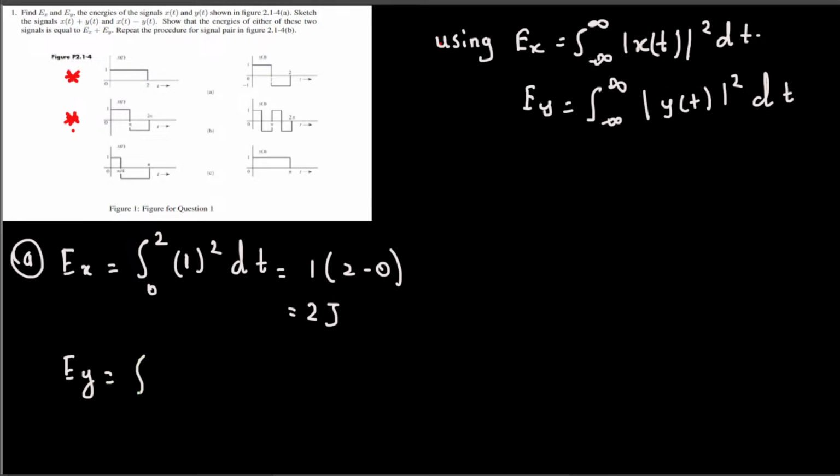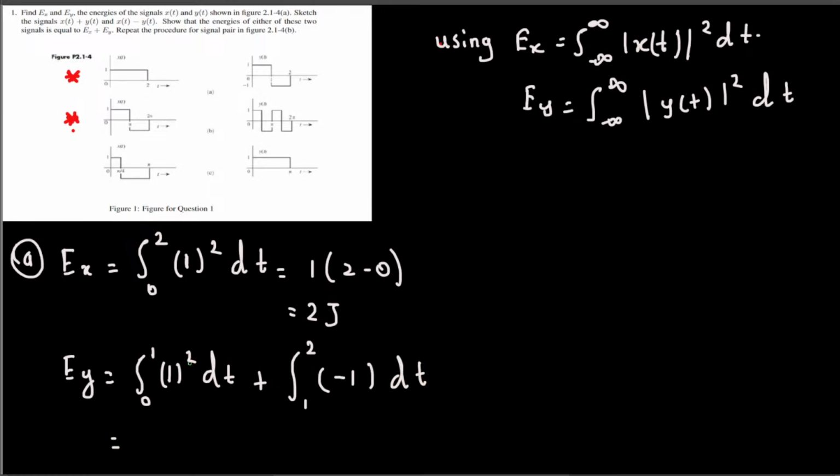I take the range 0 to 1 first, and at that time the height is 1, so 1 squared dt, plus the integral from 1 to 2, where the height is minus 1, so negative 1 squared dt.